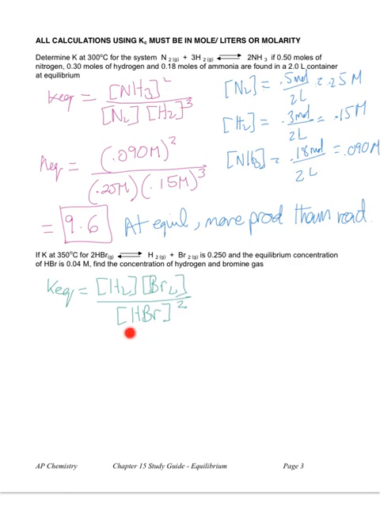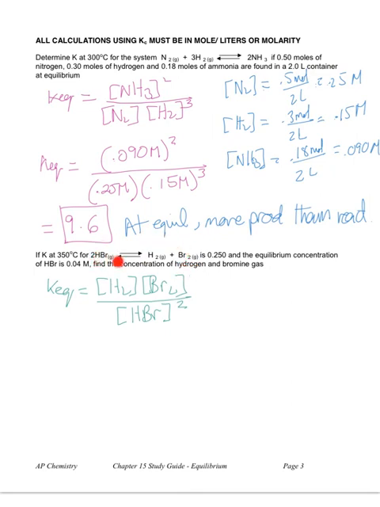Now, what do we know about the concentration of H2 and Br2? Well, we don't know what the value is, but we do know that they should be equal to each other. The reason they're equal to each other is because they're products and they're forming when you decompose the HBr. For every 2 HBr's that you decompose, you're going to form one H2 and one Br2.